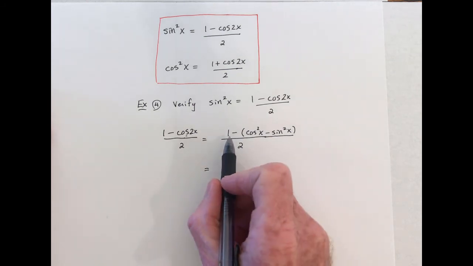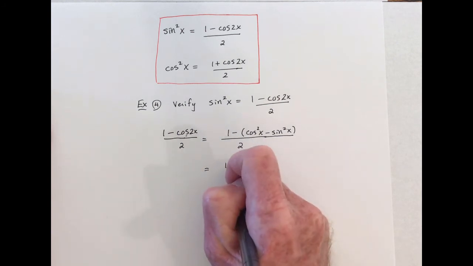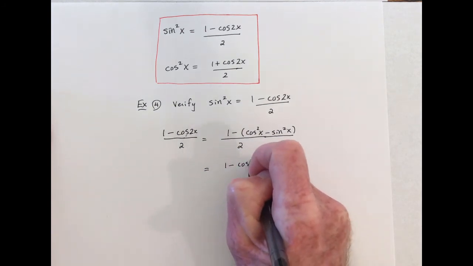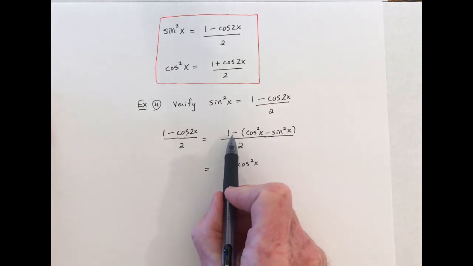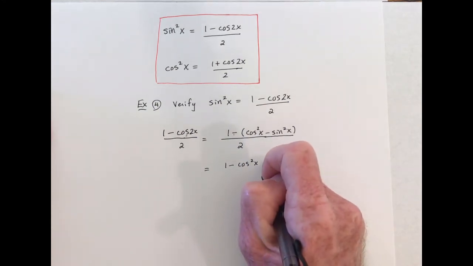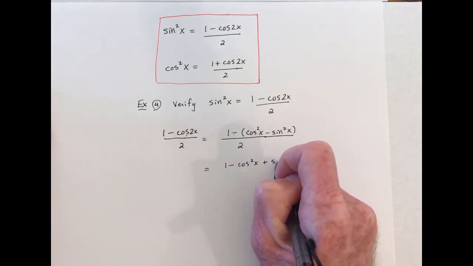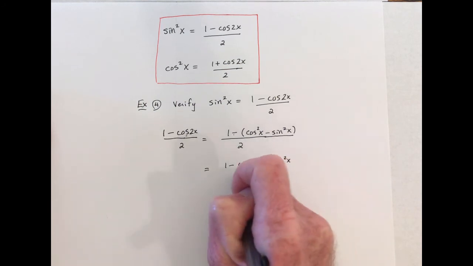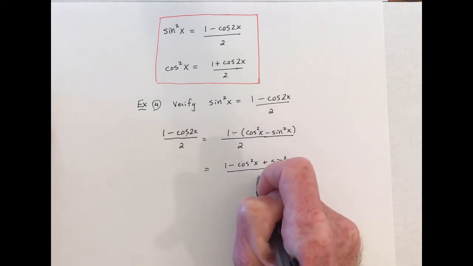So let's see, this is going to be 1 minus cosine squared, and then this will be minus minus, so that's plus sine squared. And then it's all divided by 2.